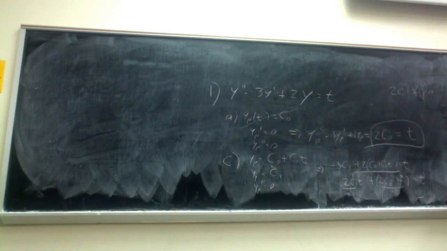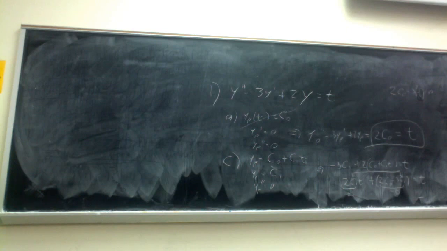You're asking about 3B? Yeah. Okay. So your proposed solution is c naught t e to the 2t. So then you take the derivatives, and because of the t, you need the product rule. So you need c naught times 2t e to the 2t plus e to the 2t.